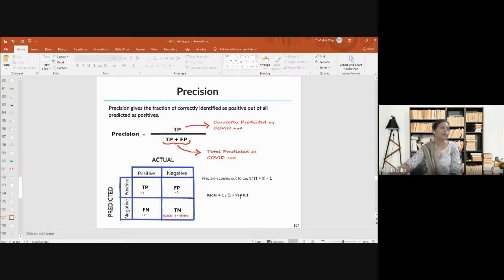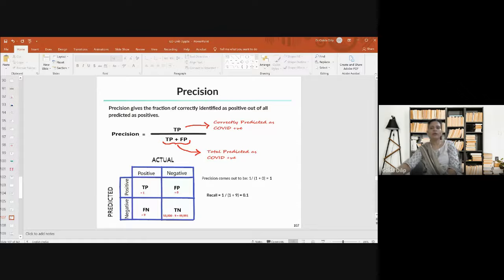What I want to tell you is that recall also is not a good measure by itself, so we need to consider the precision value. If we consider everybody as positive, the precision turned out to be about 0.0002.